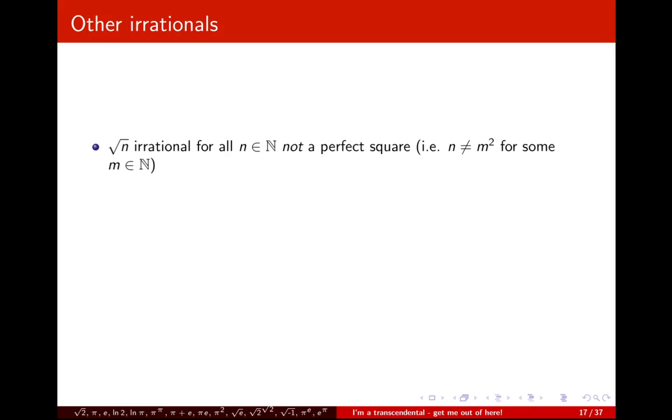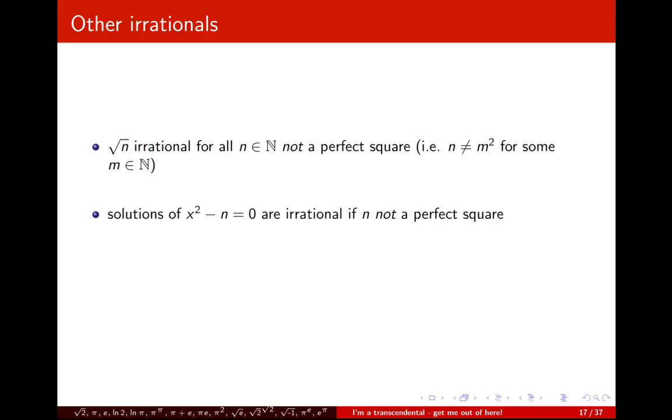Now there are other irrationals, for example the square root of n, for all natural numbers n which are not a perfect square. So they're not of the form m squared for some natural number m. So for example the square root of 7 is irrational.